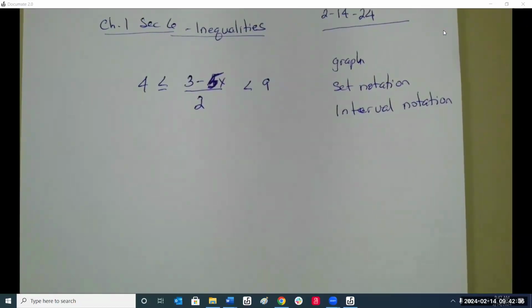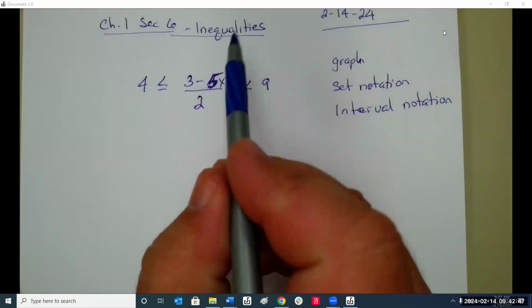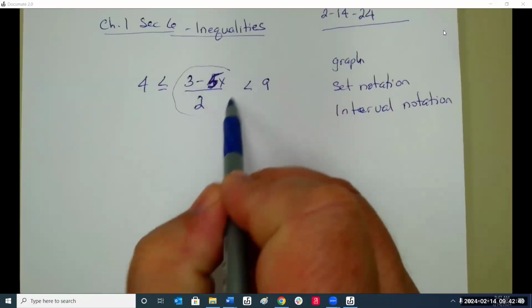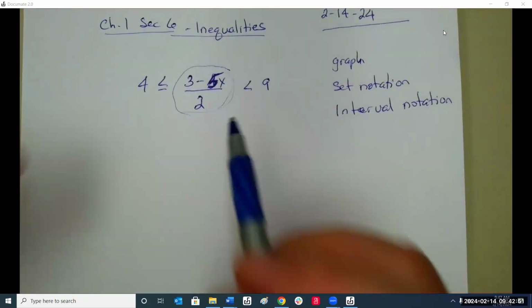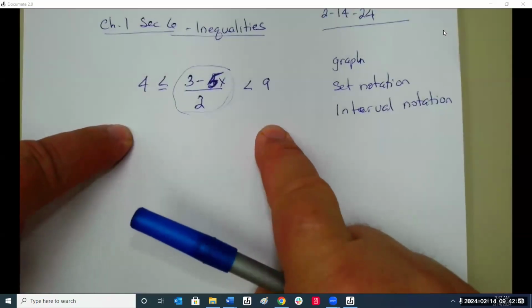This question, where should you focus? What should you focus on first? Yeah, well, what you focus on is the middle part. Whatever you do there, you do to those other two parts.